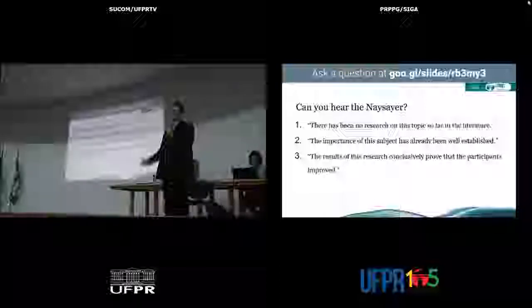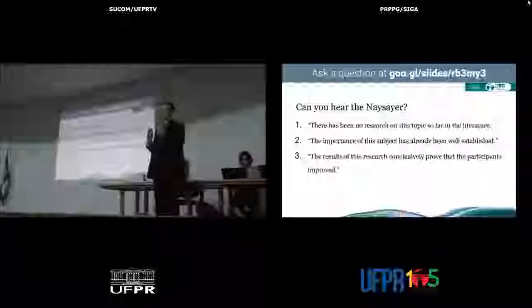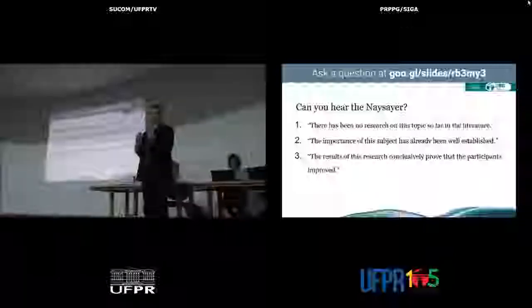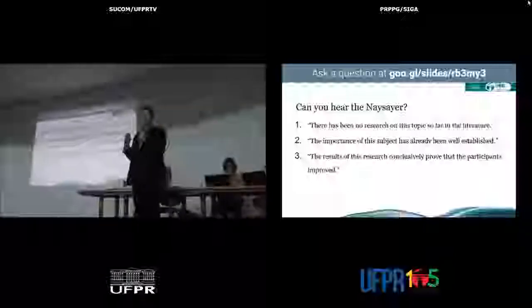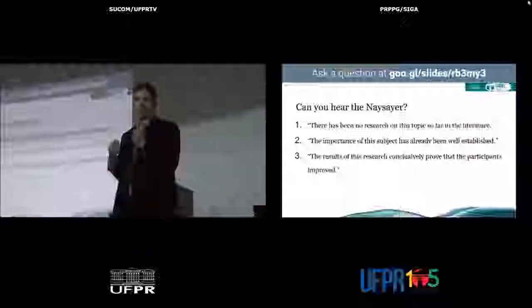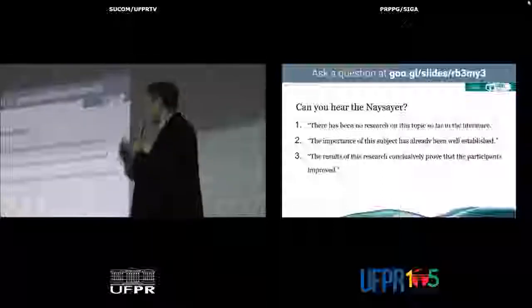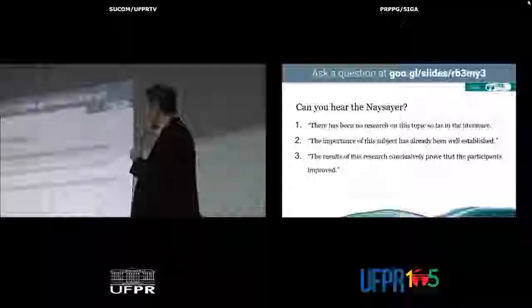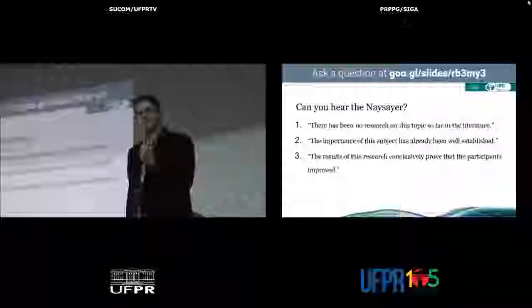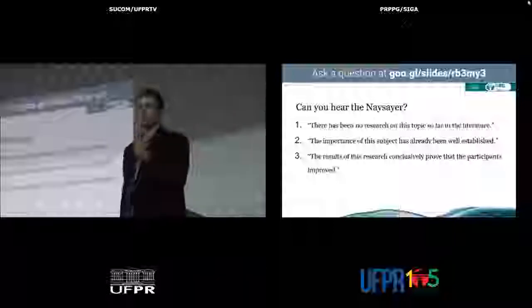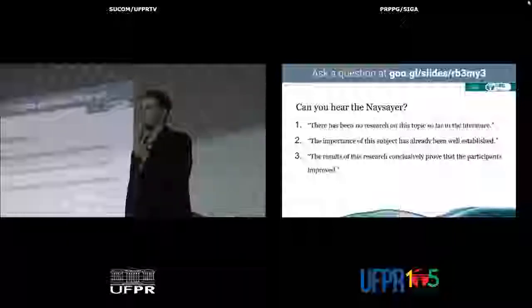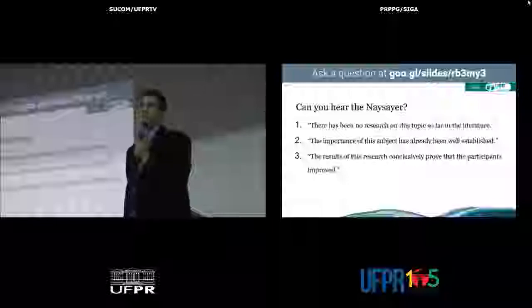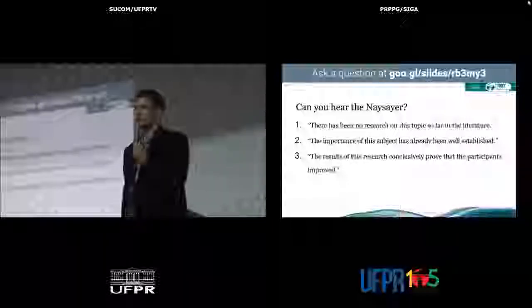You want to show proper reservation, or hedging as it's called, so that you don't unnecessarily raise someone's skepticism. So with the first one here, you can see that there has been no research on this topic. This absolute affirmation of no research, even though there may be no research, is almost like an invitation for the naysayer to say, really?